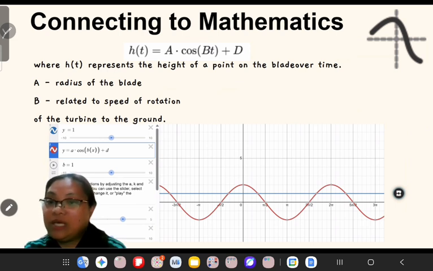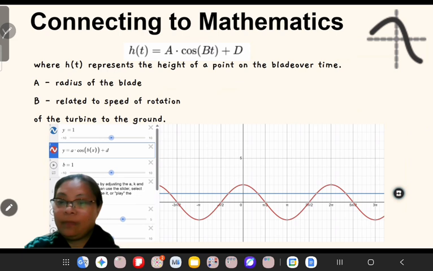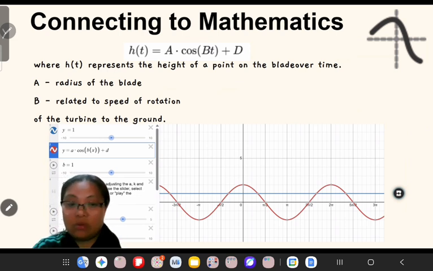Now, with this one, they will play around with the graph, and we also use this part of the activity to review the prior learning topics that were already covered in class. So in Desmos, the students will see how a simple cosine function can describe a real world energy system.